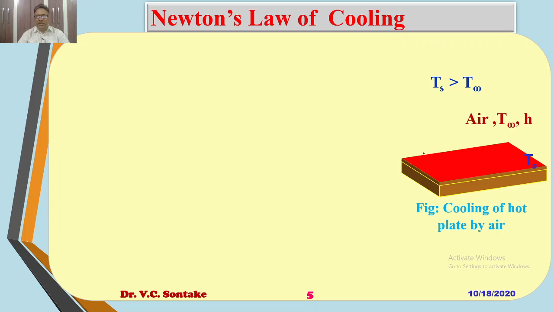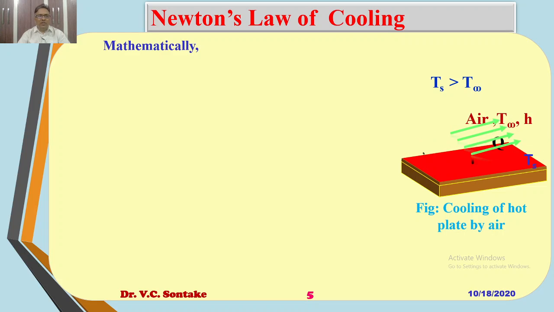Since Ts is greater than T infinity, the plate is heated and the surrounding air is cooled. By virtue of air flowing over this heated plate, heat transfer will take place from the plate to the fluid at the rate of Q, joule per second.